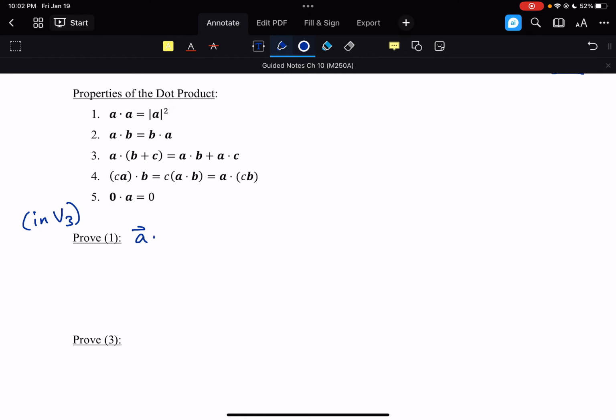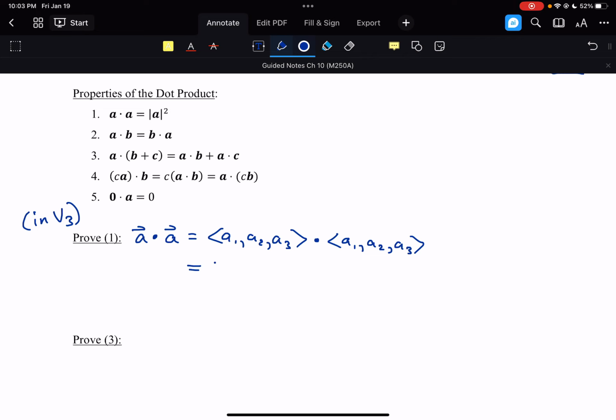So we have A dot A. That's going to be <A1, A2, A3> dotted with, excuse me, it's A again, so it's another <A1, A2, A3>. That's better.